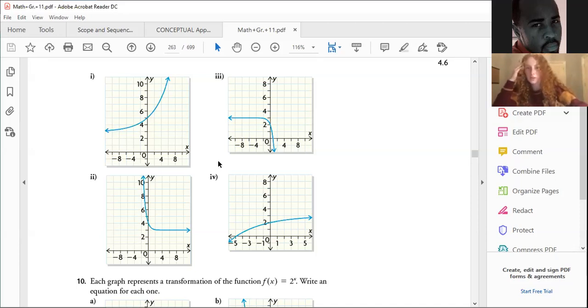My y-intercept is 2. And I flipped over my x-axis, which gives me a positive 2. So which one has 2? So the answer is between 3 and 4 for A.